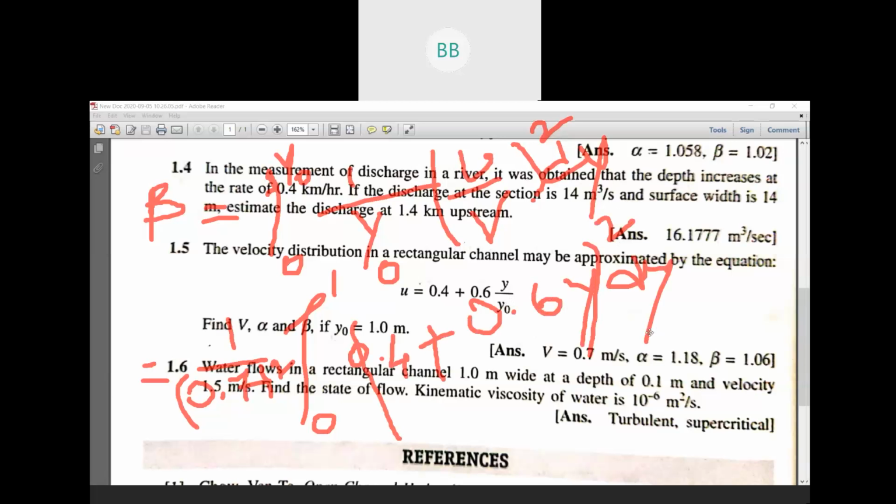So now you have to expand before integration, as a plus b whole square, and try to find out the beta value.